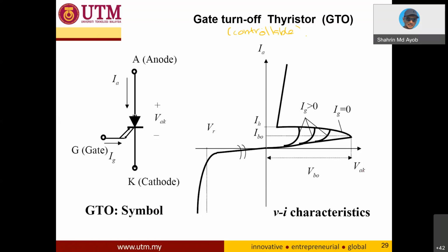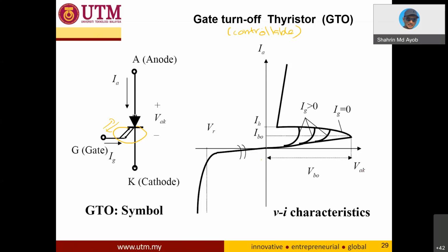It is still a transistor, but the name is gate turn off thyristor. The symbol is like an SCR, only the difference is, as you can see, we have two-way gate signal here, meaning that you can turn on and turn off this GTO.